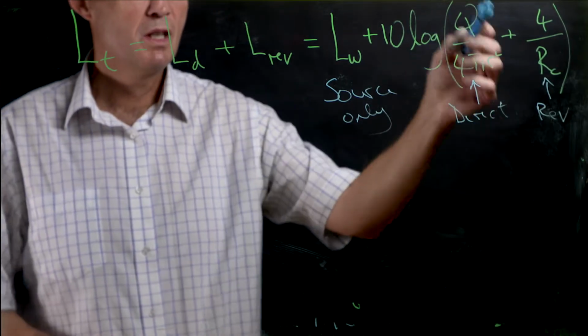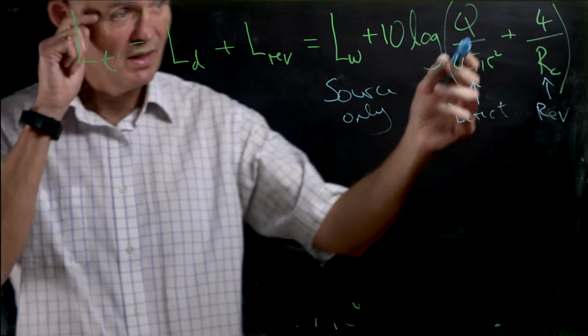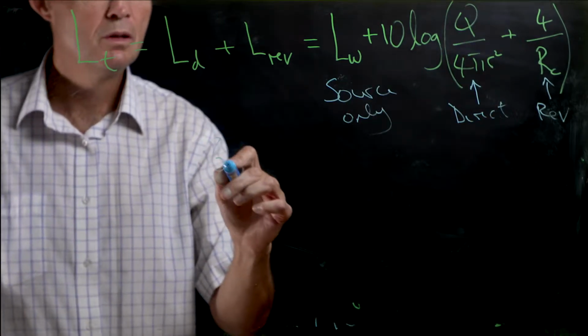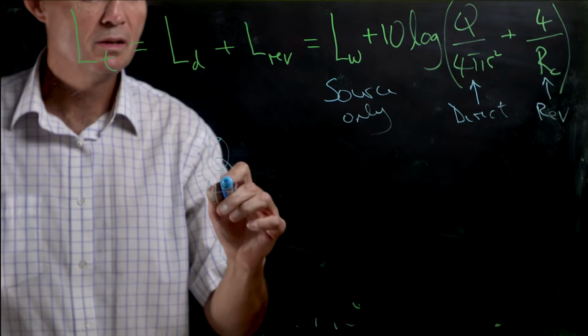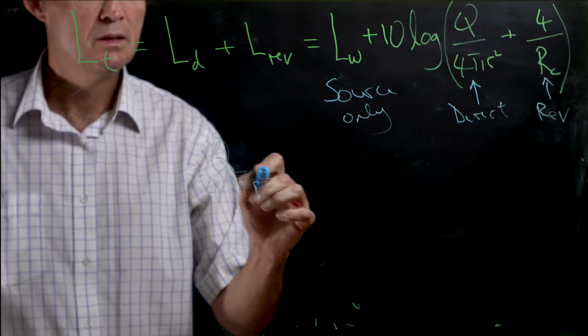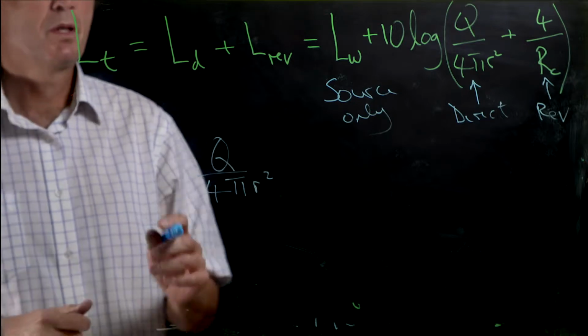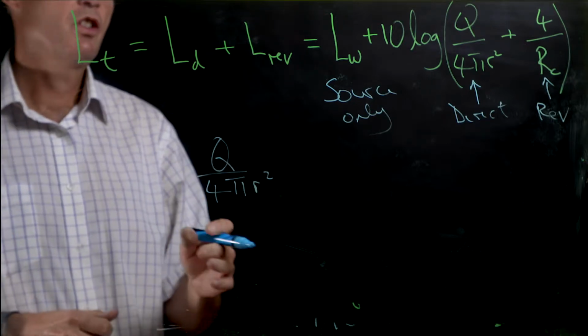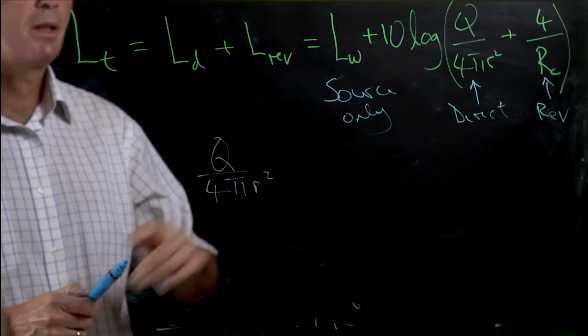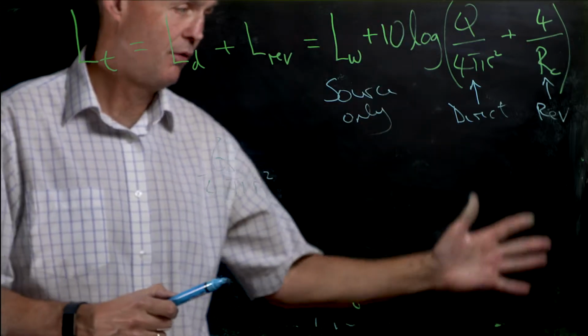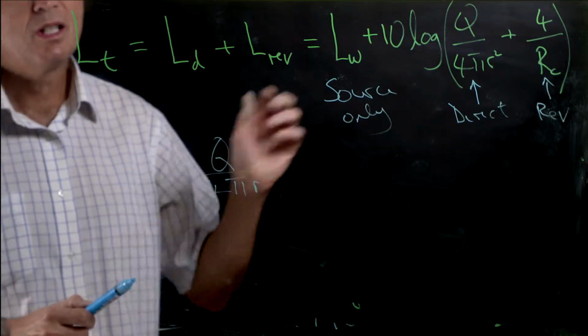Looking at this in a bit more detail, the Q over 4 pi r squared: Q is the directivity of the source, so that's determined by the position of the source, whether it's on the ground, up against the floor and a wall, or sitting in a corner.